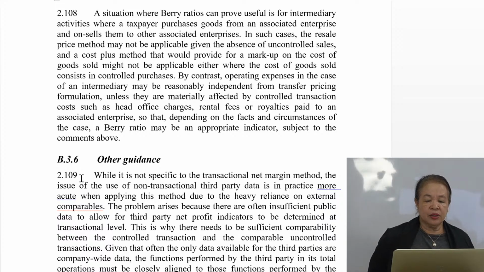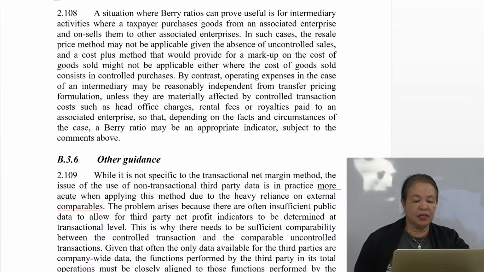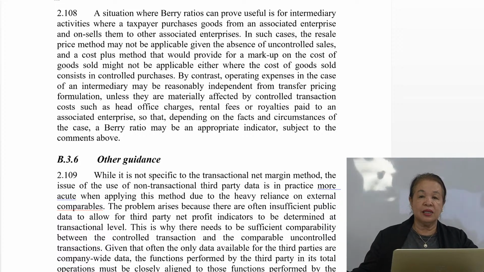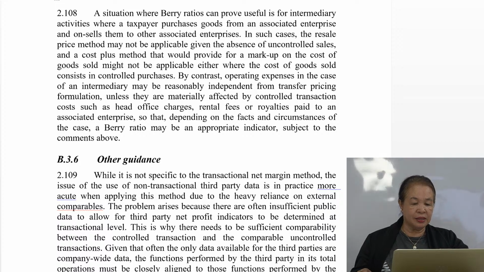By contrast, operating expenses in the case of an intermediary may be reasonably independent from transfer pricing formulation, unless they are materially affected by controlled transaction costs, such as head office charges, rental fees, or royalties paid to an associated enterprise. So, depending on the facts and circumstances of the case, a Berry ratio may be an appropriate indicator subject to the comments above. Other guidance.